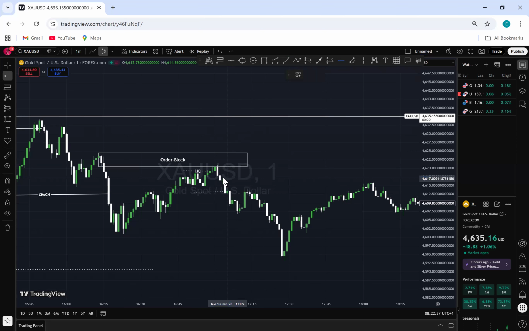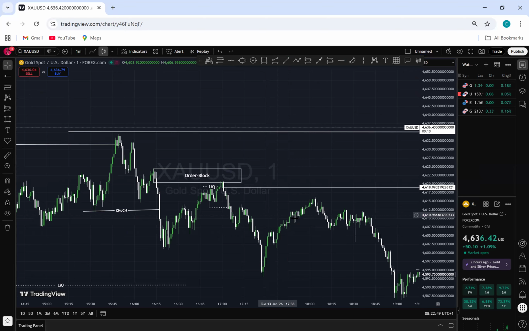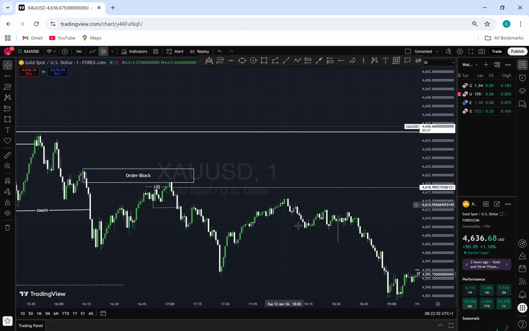We have this as liquidity, and even this as liquidity. So you would want to play around this as the first order block and then this as the next order block. So whichever one price now reacts to and then gives you that change of character, you can follow suit.